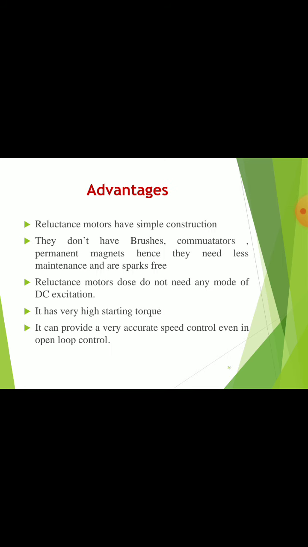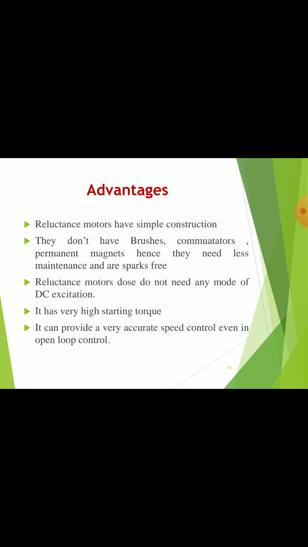Now the advantages: reluctance motors have simple construction. They don't have brushes, commutators or permanent magnets, hence they need less maintenance and are spark free. In DC motors we use brushes, commutators, etc. In this reluctance motor, there is no need of any commutators or brushes. We give a single-phase supply in the stator and the rotor is salient pole, therefore no brushes or commutators are needed.